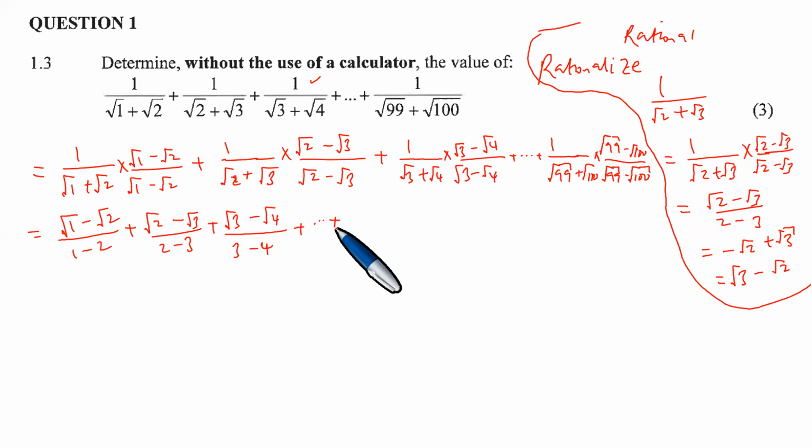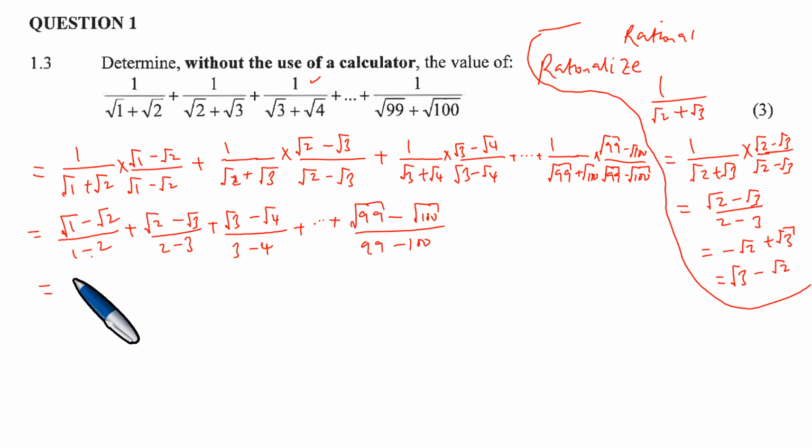Okay, you continue. And therefore, now you have these. Square root of 99 minus the square root of 100. 99 minus 100. So 1 minus 2 is minus 1.